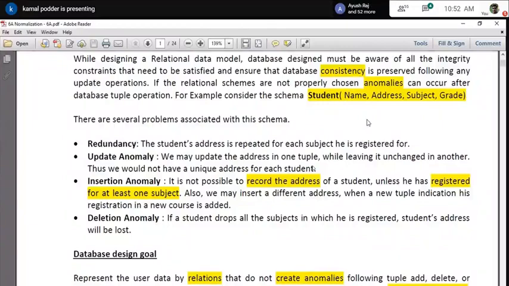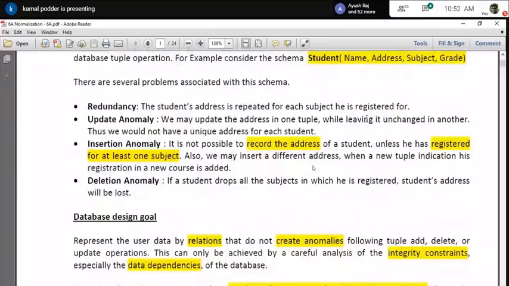Now, if you just see that particular thing, you have imposed a lot of integrity constraints. Maybe the combination of name and subject is a key, and all those things are there. But still, there might be some problems.